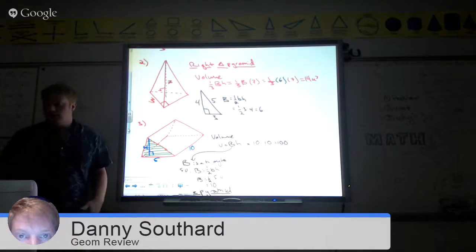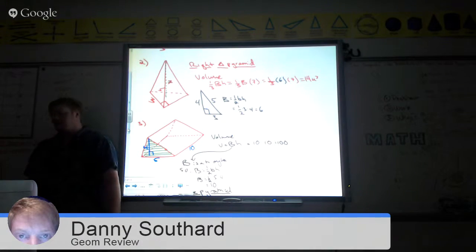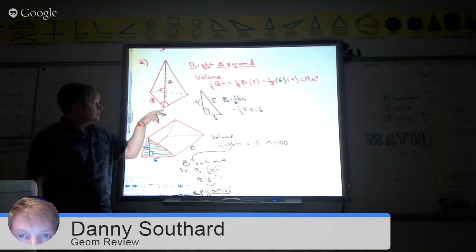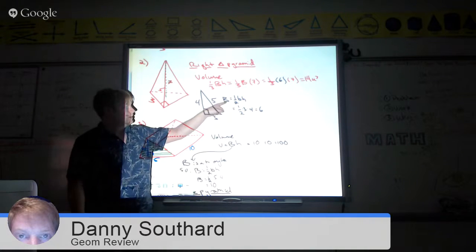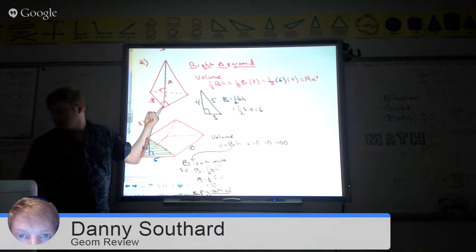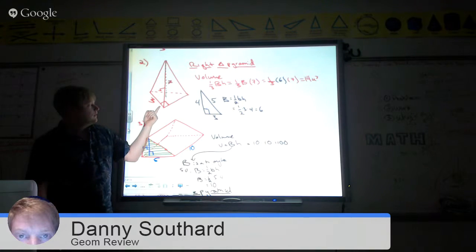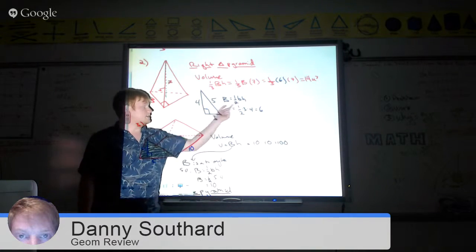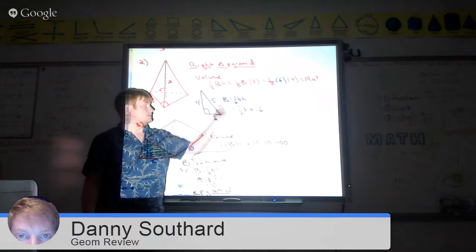It represents the area of the base, and since every shape doesn't have the same shaped base, big B is what's called a dynamic variable, because it changes. So in this case, big B is the area of a triangle because the base is a triangle. So 1/2 the base of the triangle times the height.